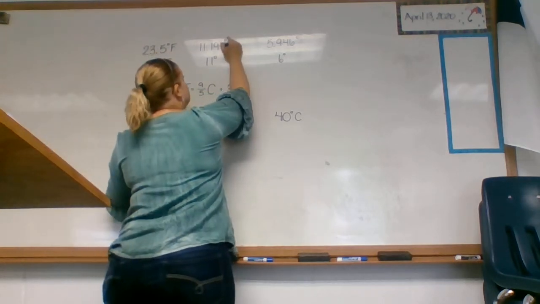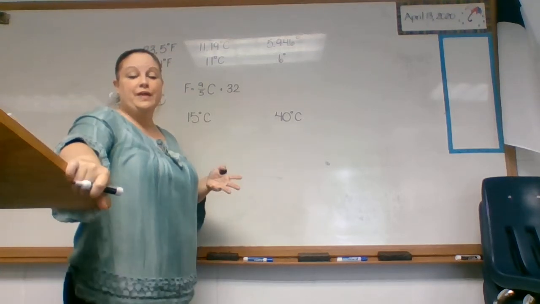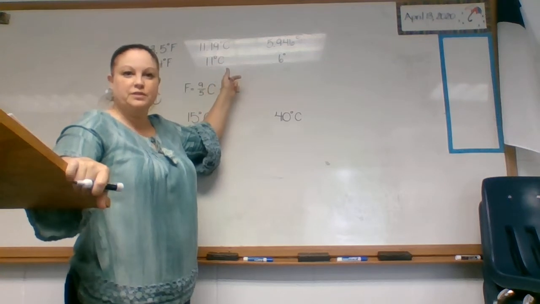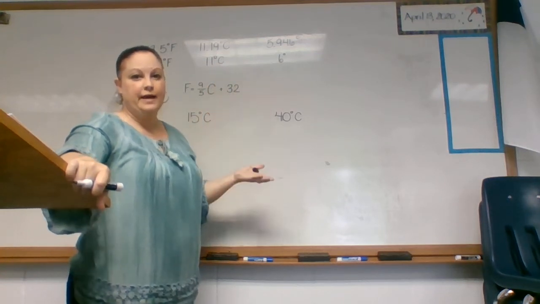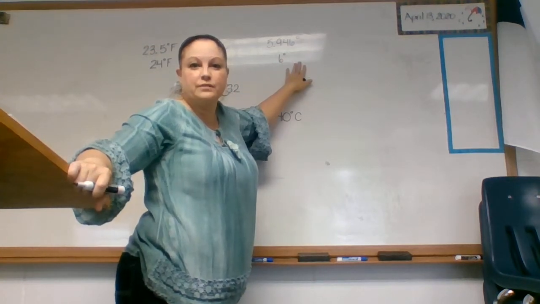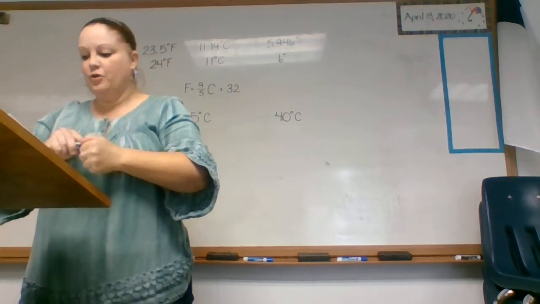If I said this one was Celsius, I would expect to see Celsius in the answer. The reason for that is if you are given a scale, it's important to put the scale in your answer because it's not going to be the same for both Fahrenheit and Celsius. If you're not given a scale, then you can just round it to the nearest whole degree. Okay? So make sure you've put in the correct ones.